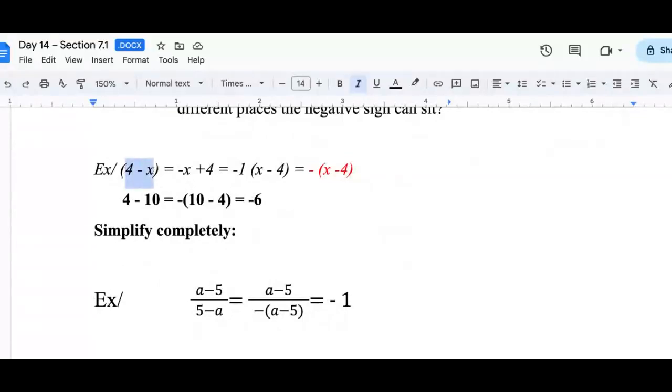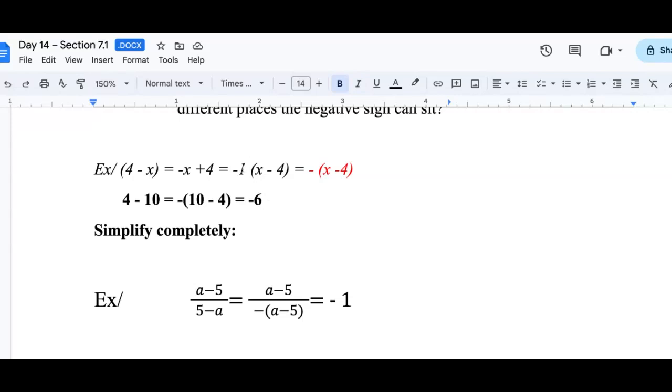Let's see, sometimes we make common mistakes. So 4 minus x, if we want to rewrite this, that's 4 minus x, which can be written as negative x plus 4. And if we want to factor out the negative sign, inside the parentheses becomes x minus 4, because negative 1 times negative 4 is plus 4.